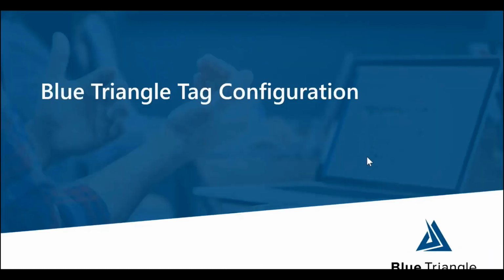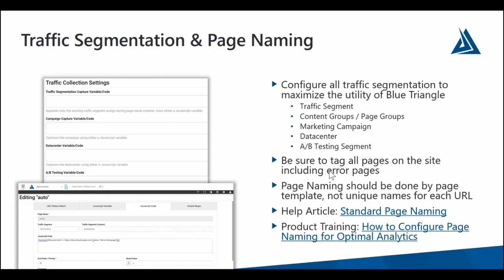So first of all, Blue Triangle tag configuration. With traffic segmentation and page naming, to get the most out of Blue Triangle, it's important to configure all types of traffic segmentation that you can. This maximizes the utility of Blue Triangle.